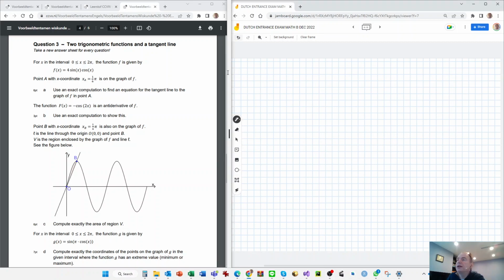We have a function f given here and a point A with x coordinate 1/6 of pi, which is on the graph of f, and then use exact computation to find an equation for the tangent line to the graph of f in point A. So we need to find the coordinates of point A, and we need to find the derivative of this line by calculating the derivative of f in this point.